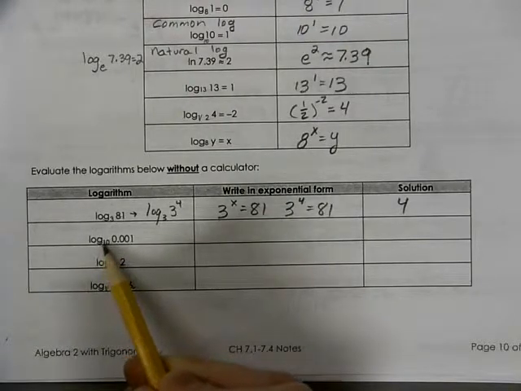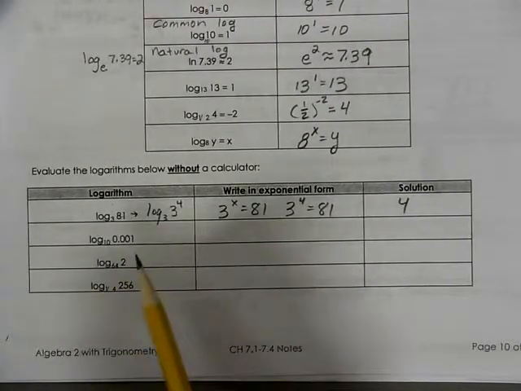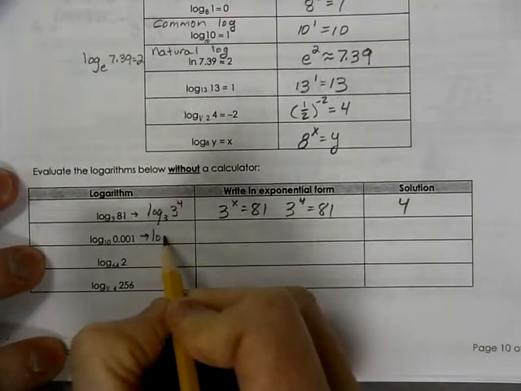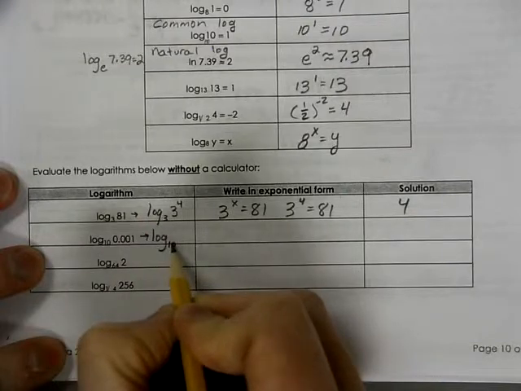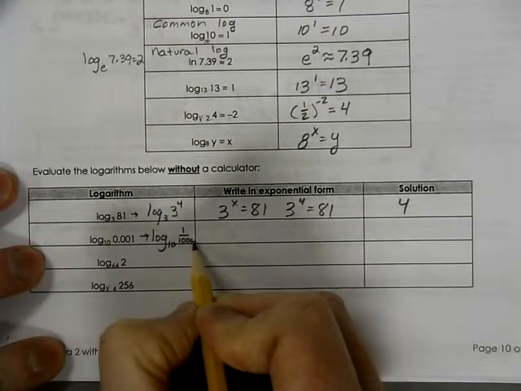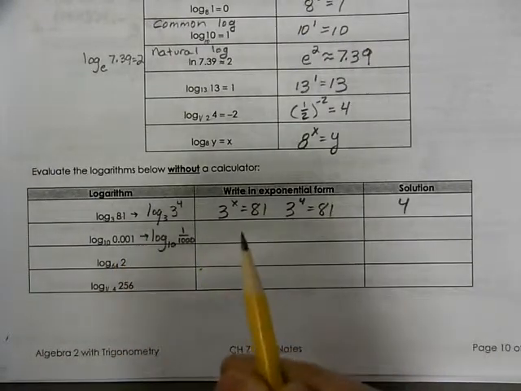This is a common log. You didn't really even need the base 10. 10 to what power equals 0.001? Well, another way to write this is to call it log base 10 of 1 over 1,000, because 0.001 is 1,000th.